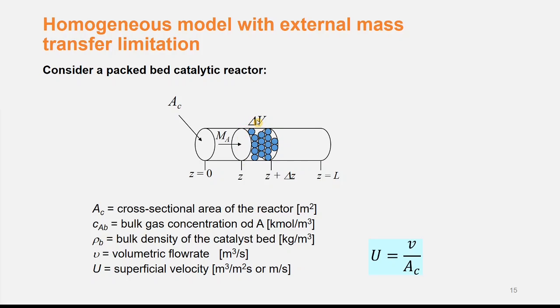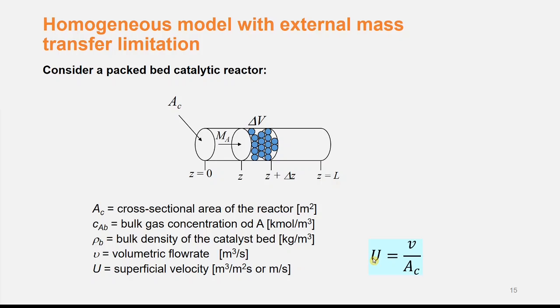We define the volumetric flow rate of fluid, with unit cubic meter per second, as small v, and the superficial velocity as capital U. If you can remember, the superficial velocity is the velocity of the fluid if there were no packed bed in the vessel.